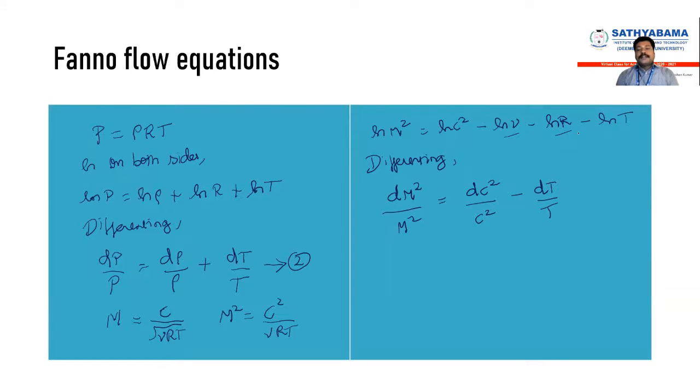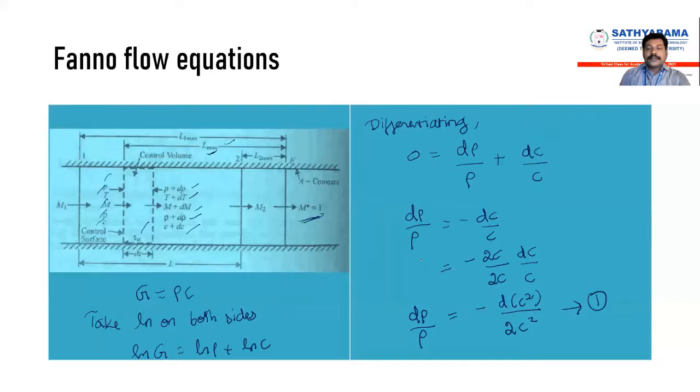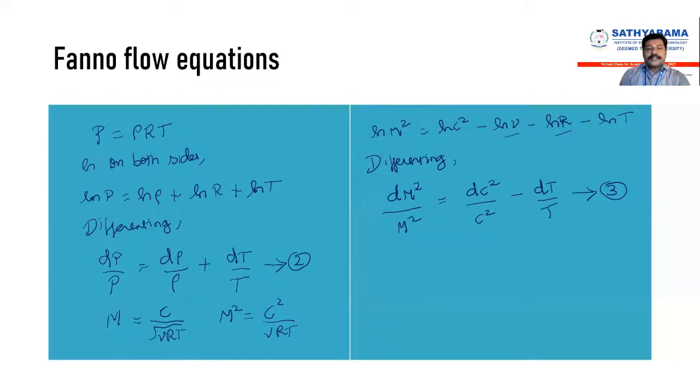Still we have to find the equations. So let me treat this equation as equation number 3. We had solved the mass density equation, then the state equation, and then the Mach number equation.